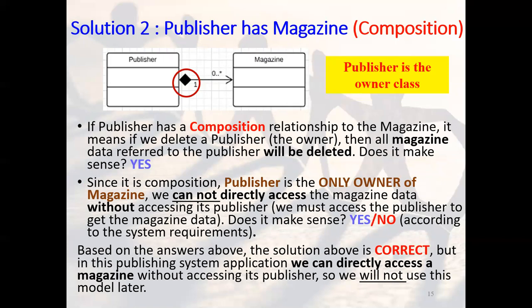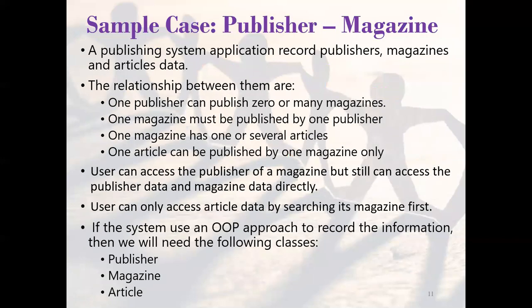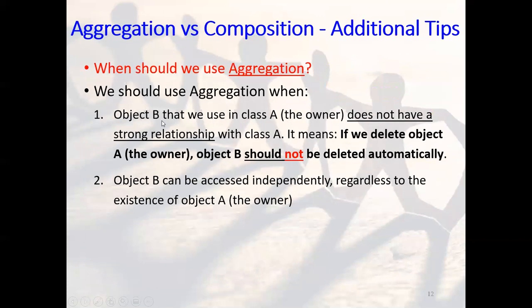It makes sense because, think about it, a magazine only belongs to a publisher based on these requirements, right? One magazine can be published by one publisher only. So if the publisher is removed, we can safely remove the magazine.